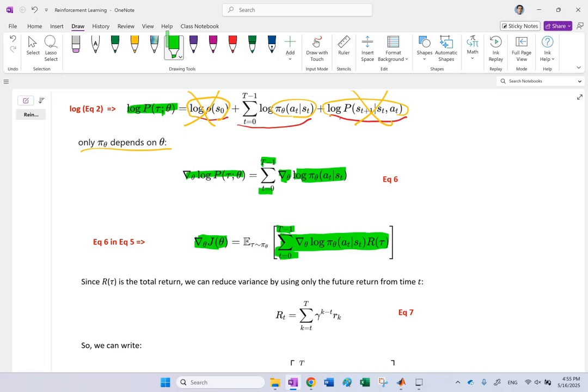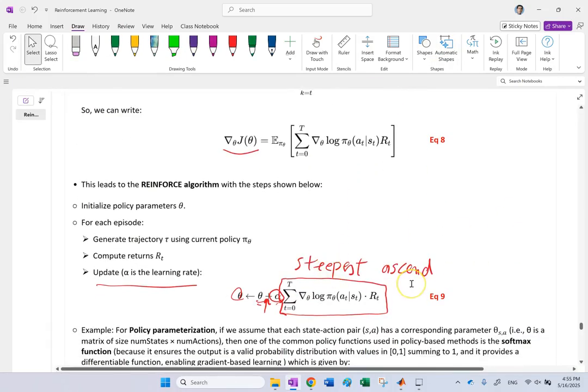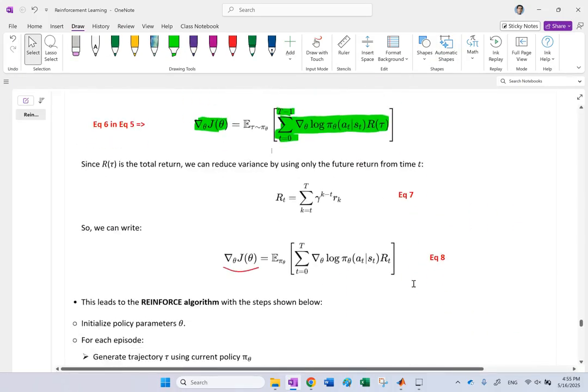Okay, so now this guy can be used in my steepest ascent, which I had down here. But here we're going to do one small modification before we do that.